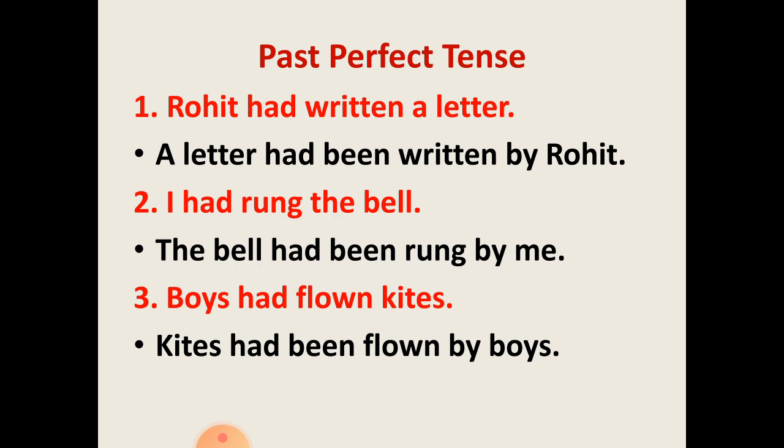The bell had been rung by me. I, the subject, will become me, the object. And the third is boys had flown kites. So again, kites had been flown by boys.